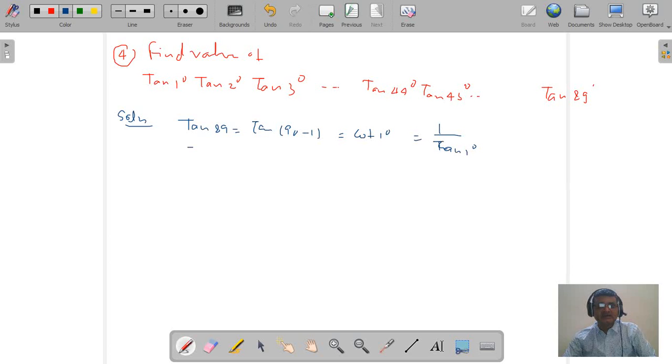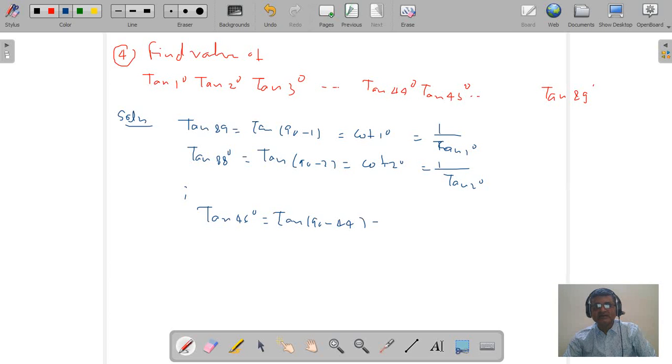Similarly, tan 88 degree can be converted to tan 90 minus 2, which is equal to cot 2 degree, which is equal to 1 upon tan 2 degree. Likewise, tan 46 degree can be written as tan 90 minus 44 degree, that is equal to cot 44 degree, which can be written as 1 upon tan 44 degree.